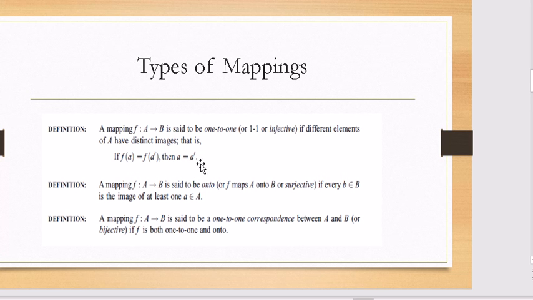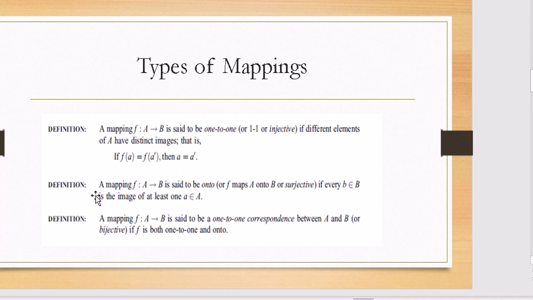This is also known as the one-one test. If we have to prove that a function f is one-one, then we suppose that the images of two elements a and a dash are equal, and if this implies that a and a dash are the same, then f is said to be injective. A famous example of an injective function is the identity function, the most simple function.